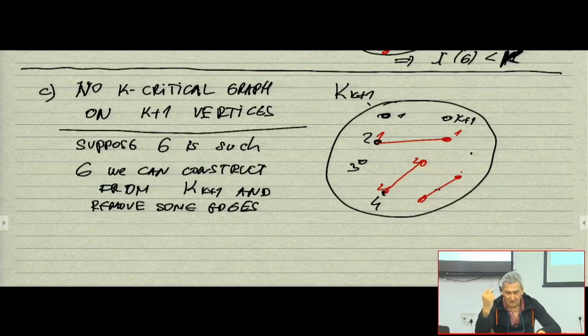So the number of removed edges in order to obtain our graph G will be just 1. We have the complete graph on K plus 1 vertices, we remove one edge, and then the colors drop from K plus 1 to K. So we have only these removed edges.